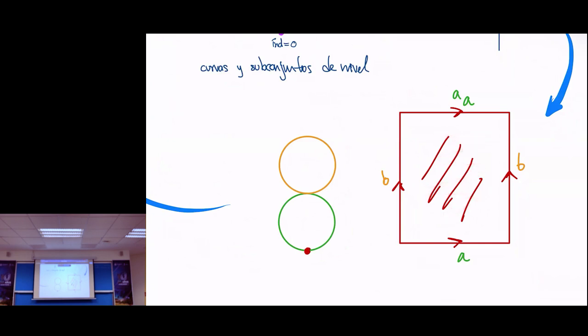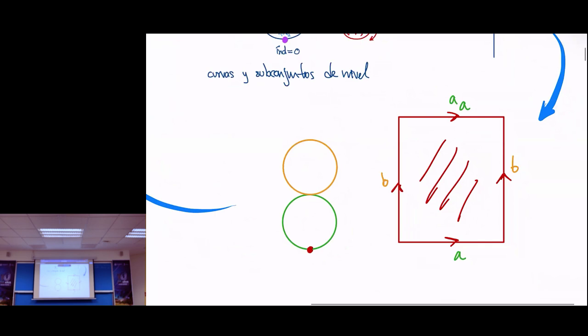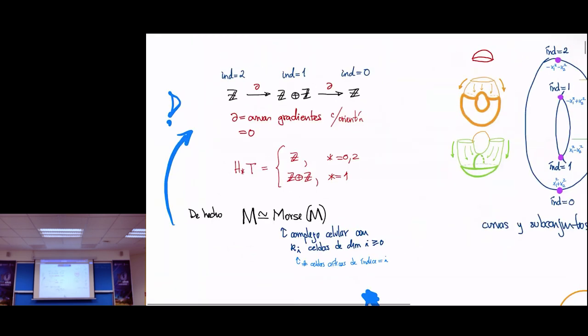And the whole point is that, up to deformations, up to a homotopy equivalence, we recover the homotopy type of our manifold as some cellular complex that I'm denoting here as Morse M. And this is a cellular complex, namely it is made of cells: points, lines, 2-cells, 3-cells, and so on.